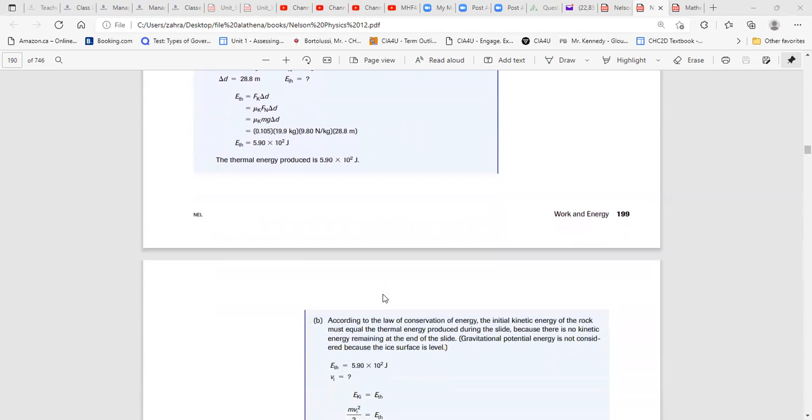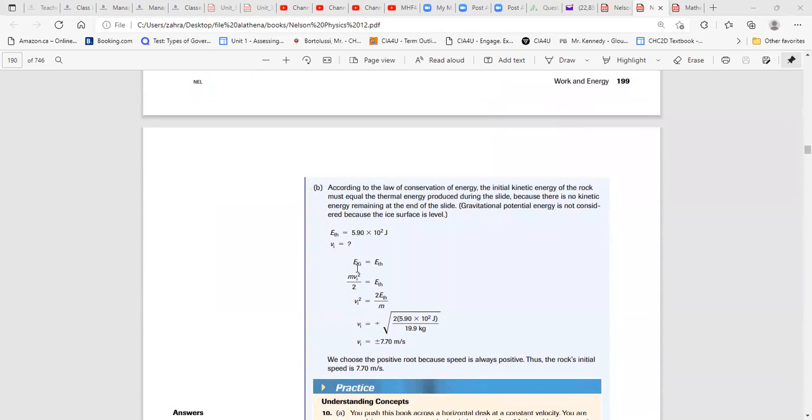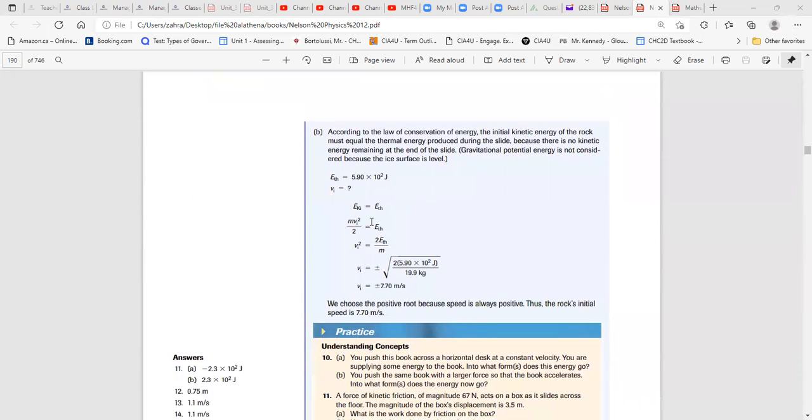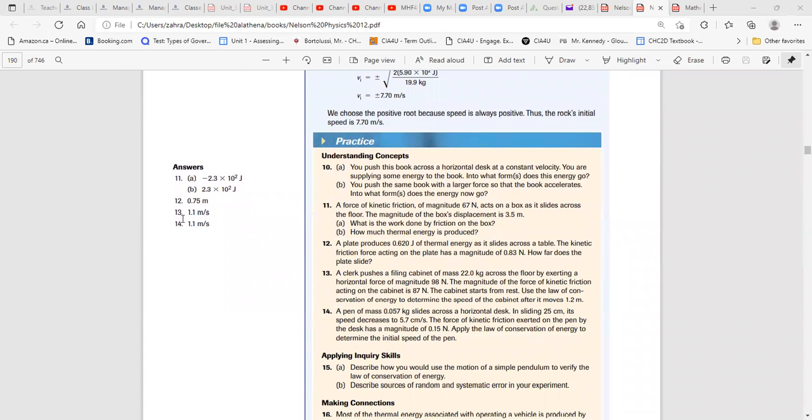The kinetic energy should be the same as the thermal loss, because at the end it turns into zero, right? The kinetic energy here should be the same as the energy that was lost during this motion. Now, since we got the thermal energy from the previous step, kinetic energy is half mv squared, so we can rearrange for velocity here and find the velocity 7.7. So you can do questions number 11, 12, 13, and 14.